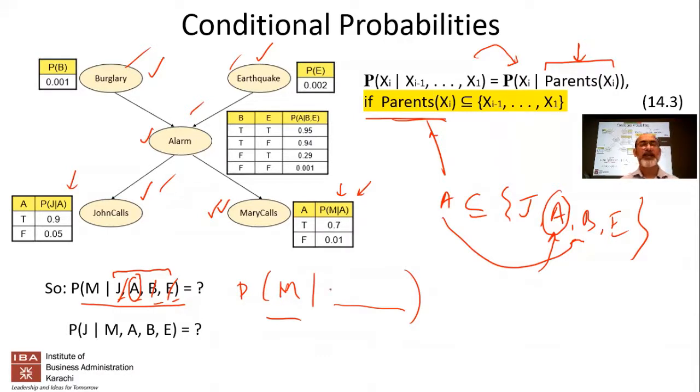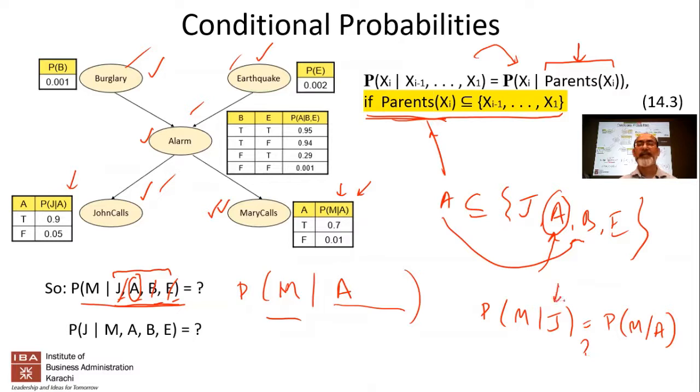So this would become probability of M given all of these other guys. We're going to remove all of them and only leave the parent. This is only true if the parent is already here. But let's say I said probability of Mary given John. Can I say that this is simply equal to probability of Mary given the alarm?